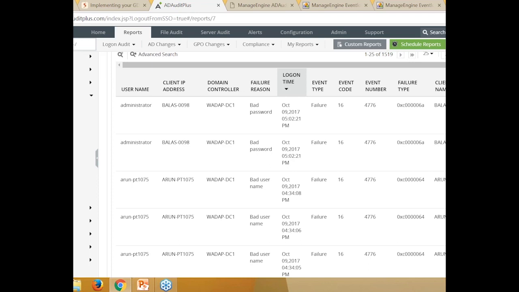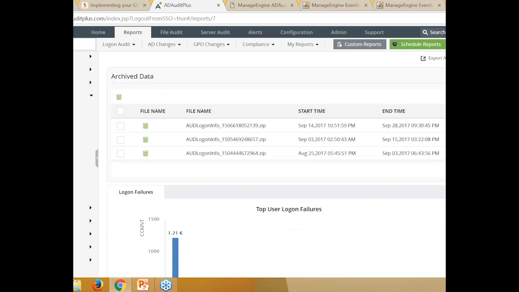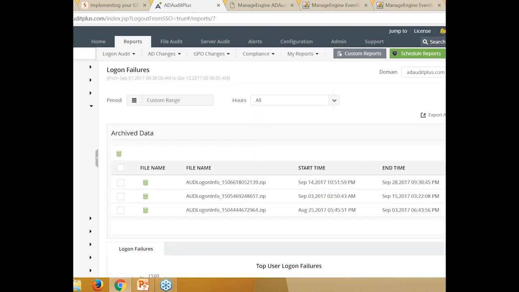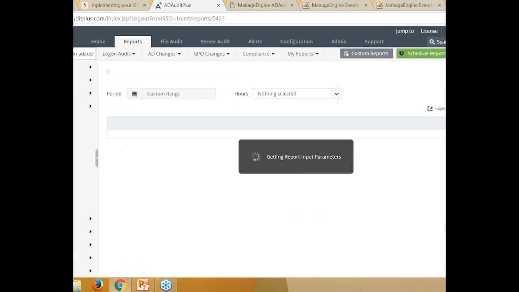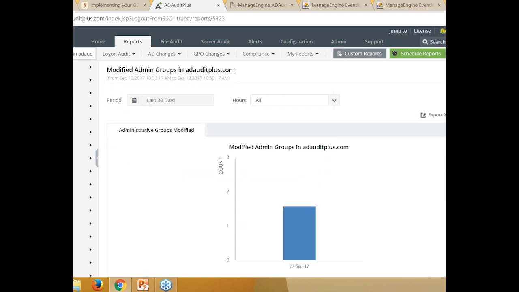So I have a few reports pre-configured here, and maybe I can just type modified administrator. So you can see I've got modified admin groups in AD Manager, ADAuditPlus.com, which is the domain that we created for the simulation.